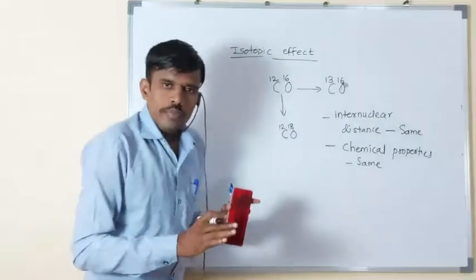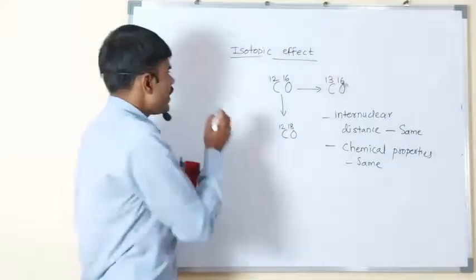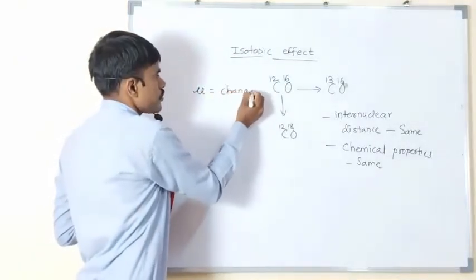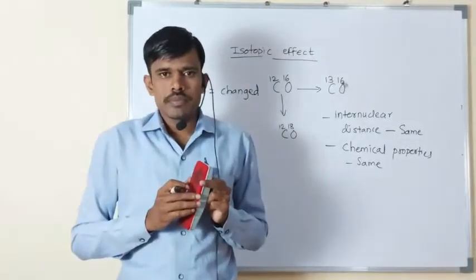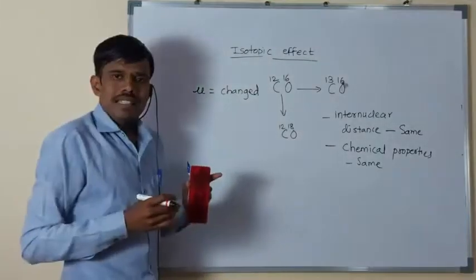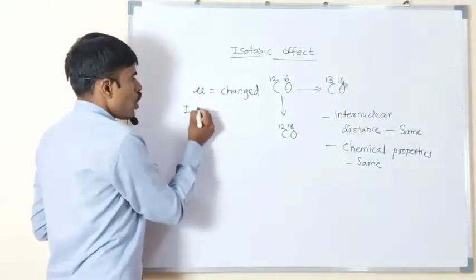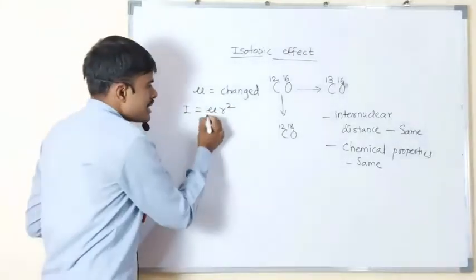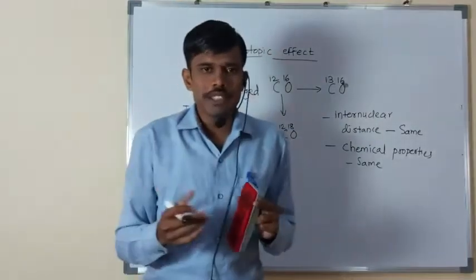So due to replacement of isotope, the reduced mass mu will be changed. As you know, this reduced mass is directly proportional to moment of inertia I. So I is equal to mu r square. Due to changing reduced mass, moment of inertia I will be changed.